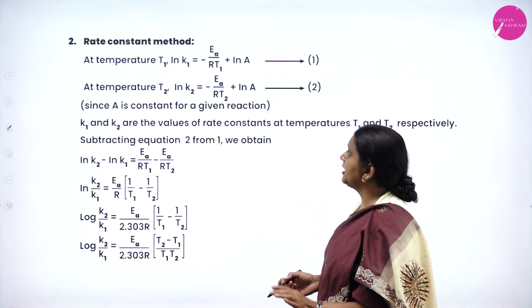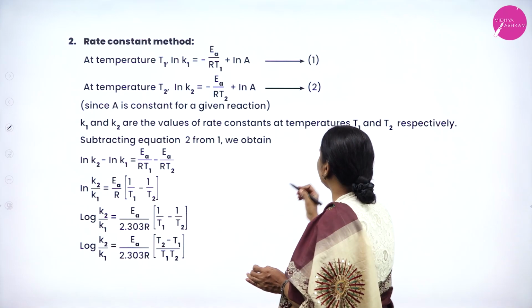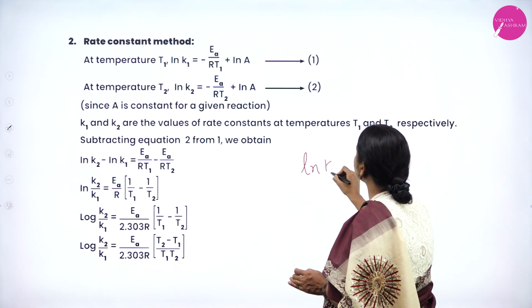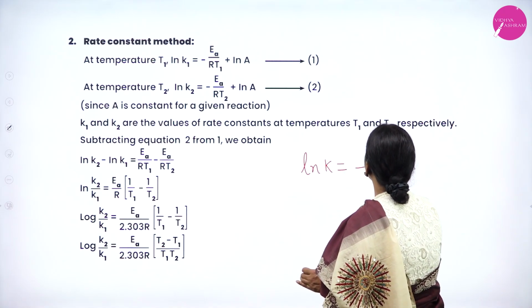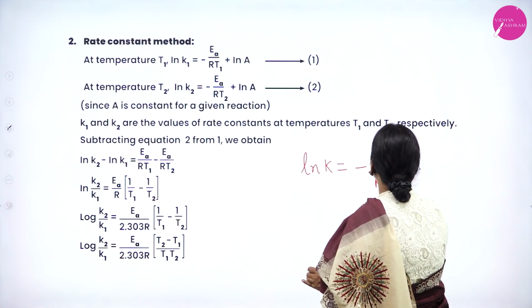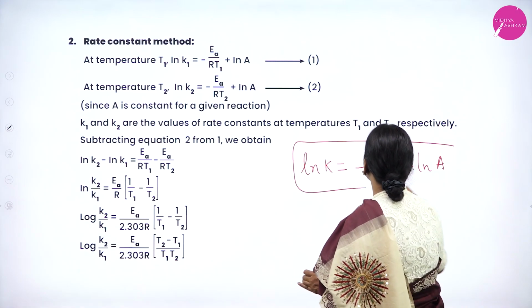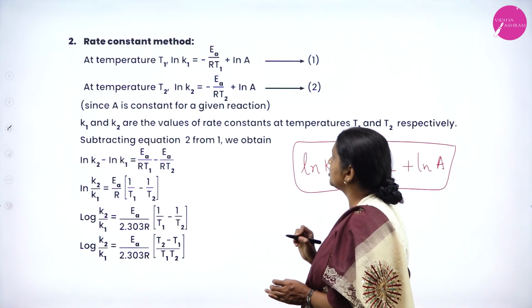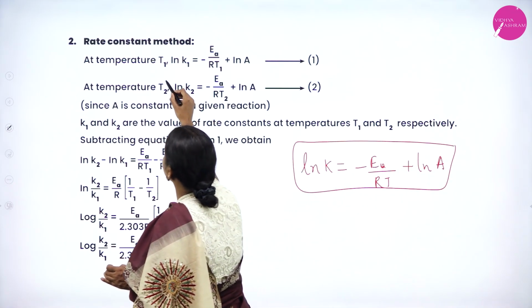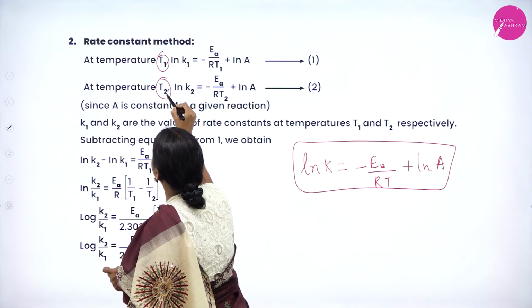Now, the rate constant method. Now we have the formula ln k = -Ea/RT + ln A. This is an equation obtained by taking natural log on both sides. Now I am going to consider this equation at two temperatures T1 and T2.